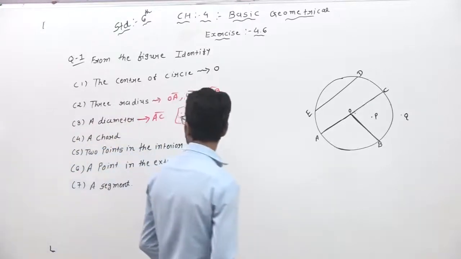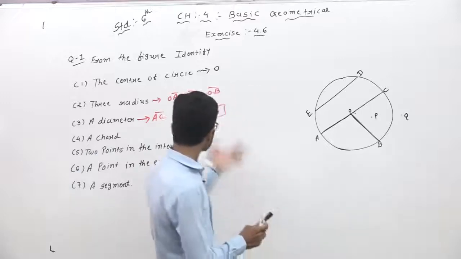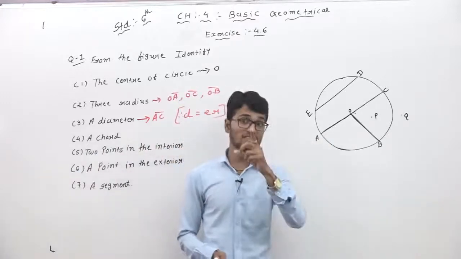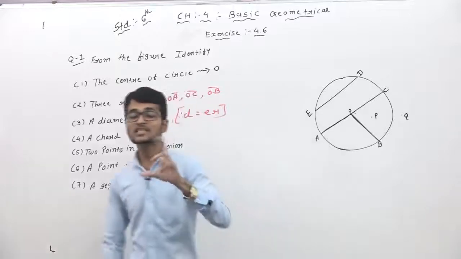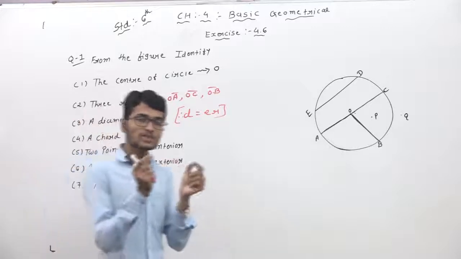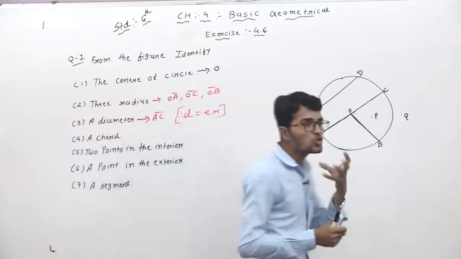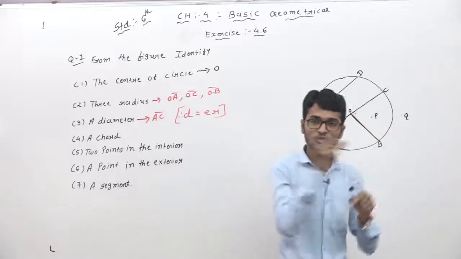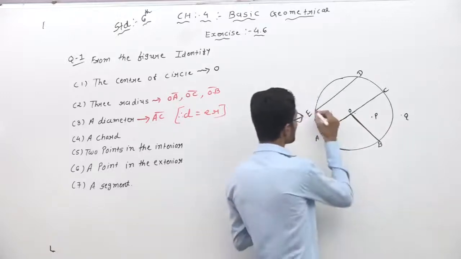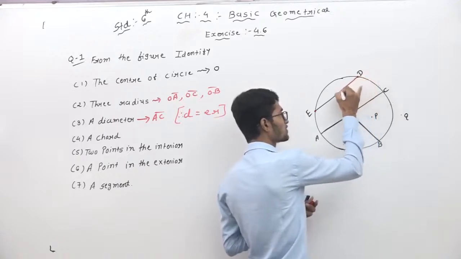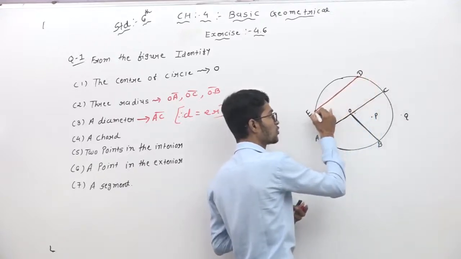Understand? And then the chord. If you ask for the longest chord of this circle, the answer is the diameter. Diameter is the longest chord of the circle. Now, what is a chord? A chord is nothing but this: you draw 2 points and join them with one line. Here are the 2 points E and D. Joining these 2 points makes a single line, and it is called a chord.